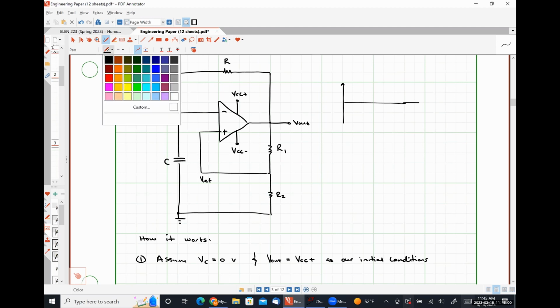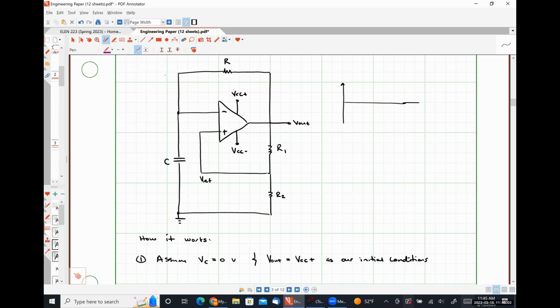In purple will be my capacitor voltage, VC. As time passes, our capacitor voltage increases.